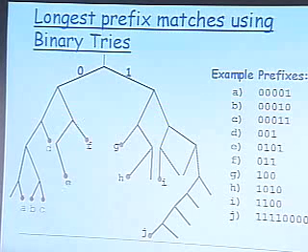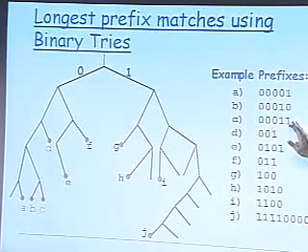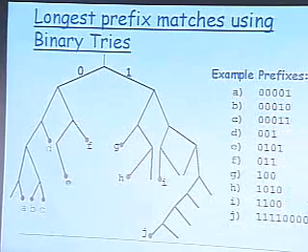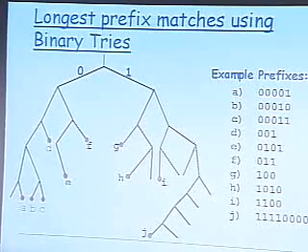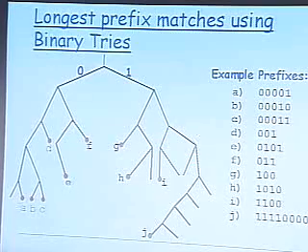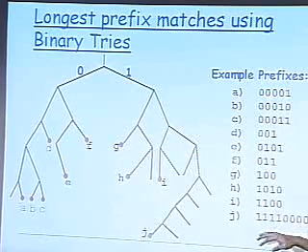You can also do longest prefix match using binary trees. Now they are not balanced. So suppose you have these different prefixes. Some are 5 bits long, some are 3 bits long, some are 8 or 10 bits long.